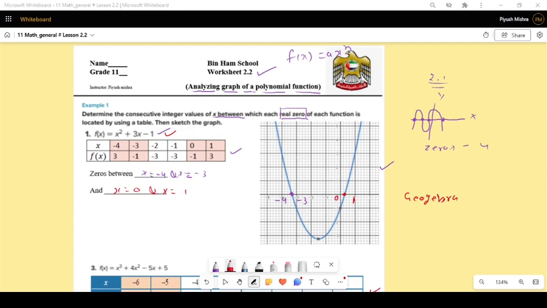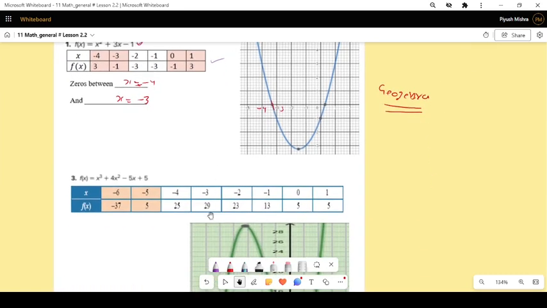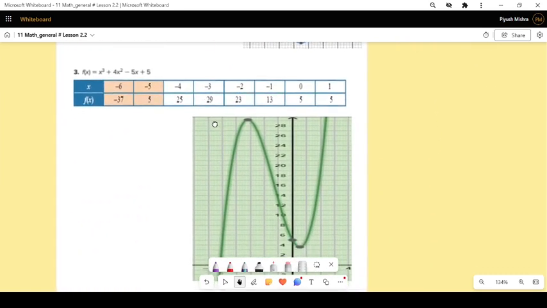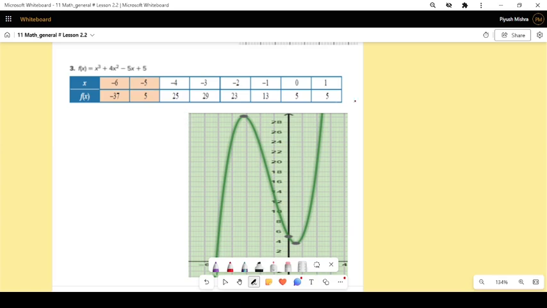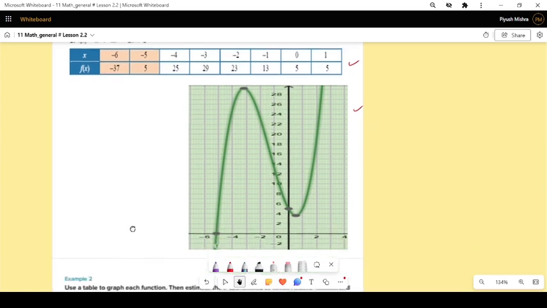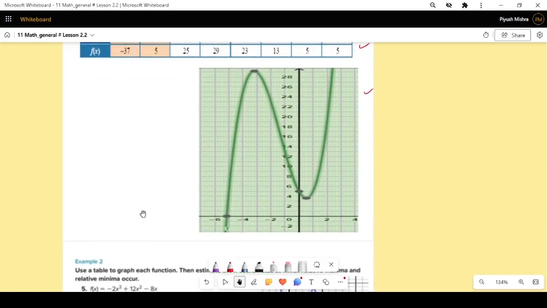Now I'm going to do question number 2. For question number 2, again I have done the same thing: I have created the table and the graph for you. Again I have to find the zeros. For the zeros I should see where it is cutting, intersecting, the x-axis. You can see it is intersecting here.